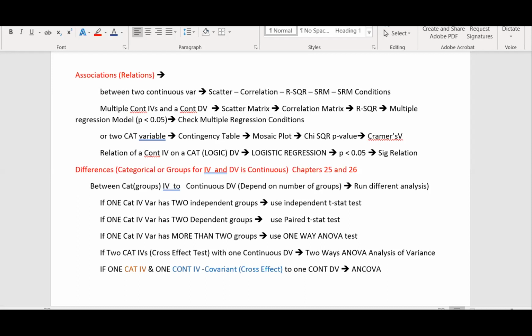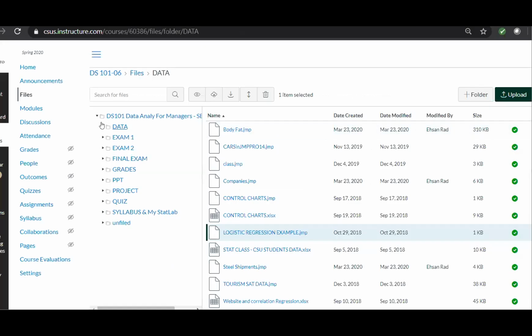You see logistic regression example. Can you see logistic regression example? It's right there, I can see it. So that's your class. Go to files, folder data right there, up there. And that's 1, 2, 3, 4, 5, 6. The seventh data is logistic regression data.